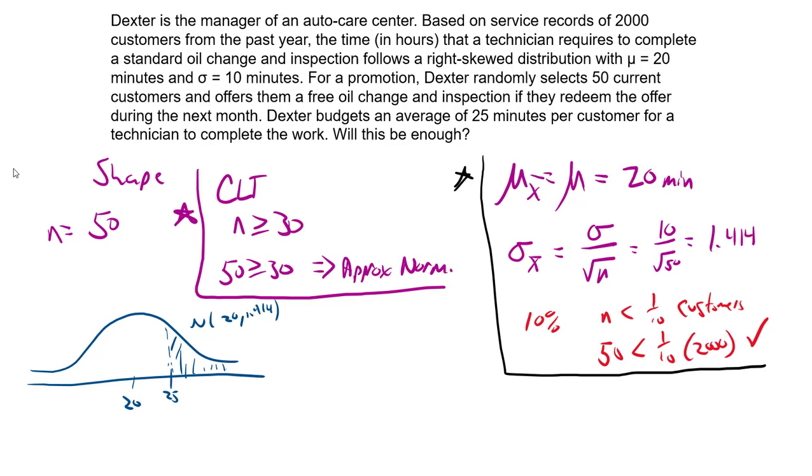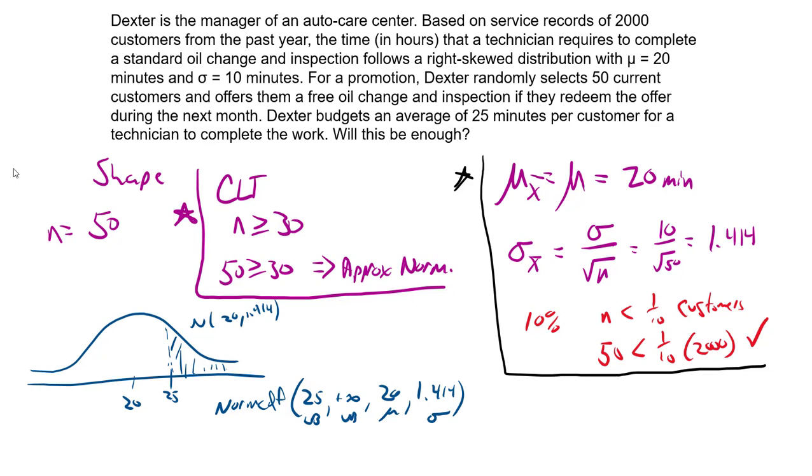And we do this simply by using our normal CDF. Our 25 is our lower bound, positive infinity is our upper bound, 20 is our mean, and our standard deviation is 1.414.